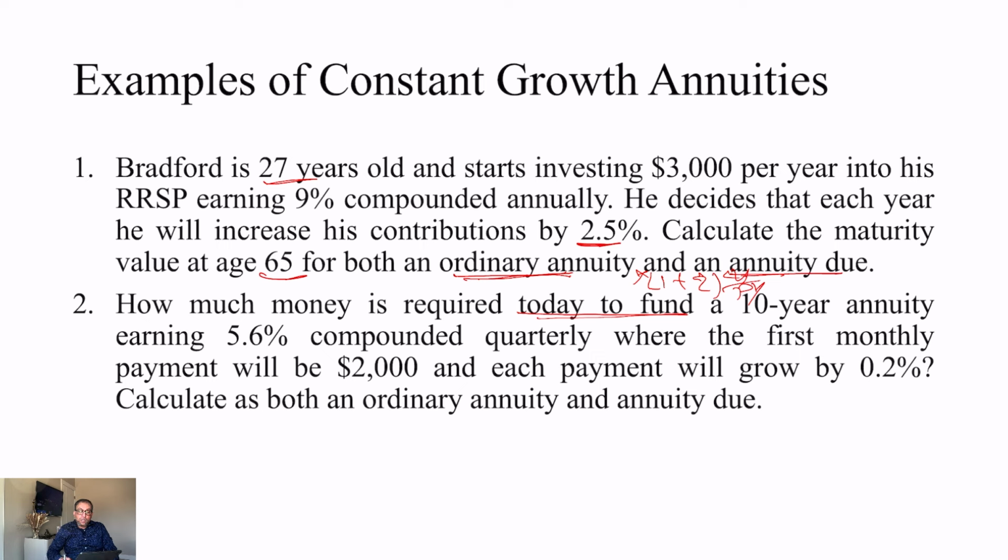For a 10-year annuity, we want to find out the present value. In the previous question we found the future value, because we wanted to see how much money Bradford will get if he invested this much money regularly for the next 38 years. But here we are talking about the present value. So let's start with this.